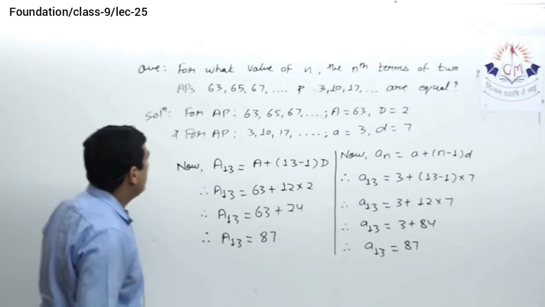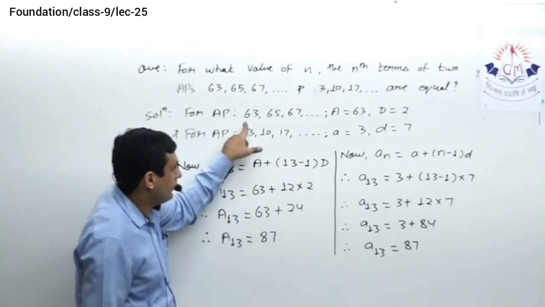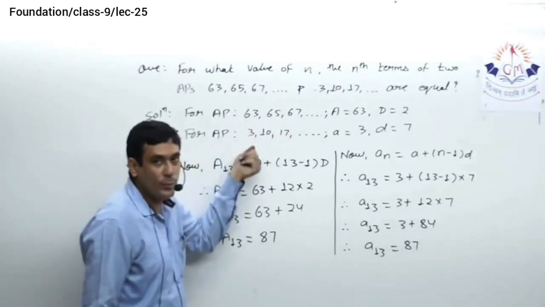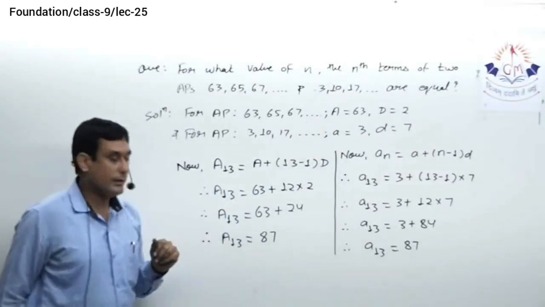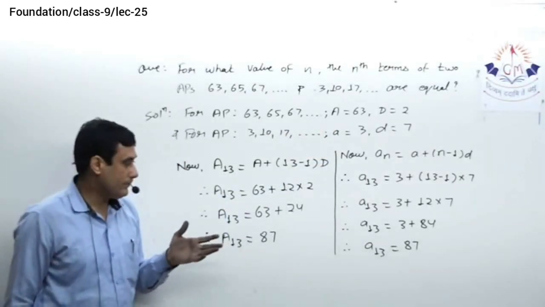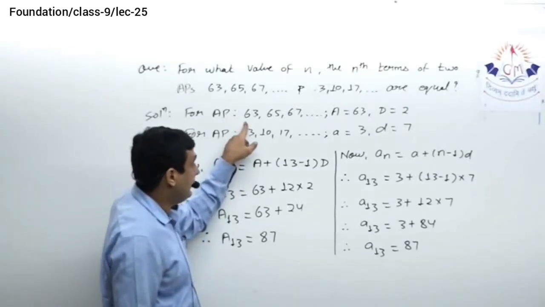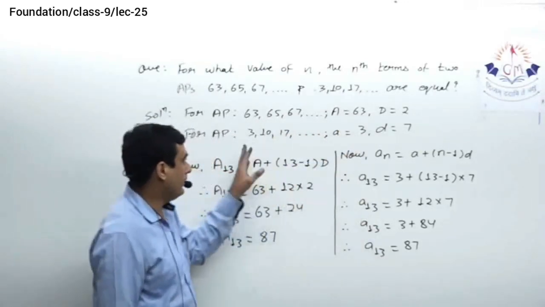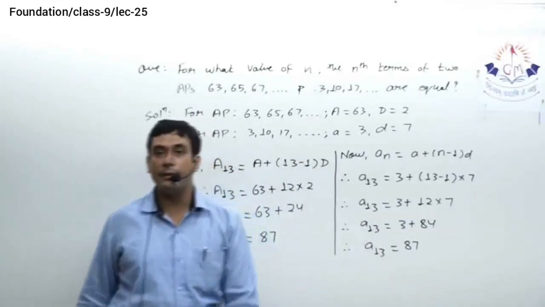Now there might be a doubt. Here it starts from 63, here it starts from 3. There is a huge difference between their first terms, still their 13th terms are the same. Anyone can think, why is it so? It starts from 63 and its 13th term is 87. This one starts from 3, still its 13th term is 87.